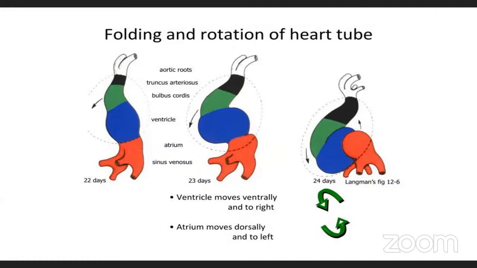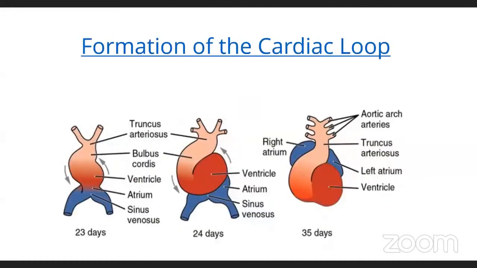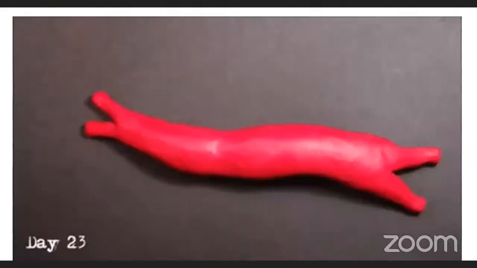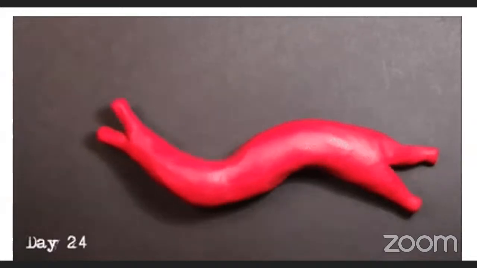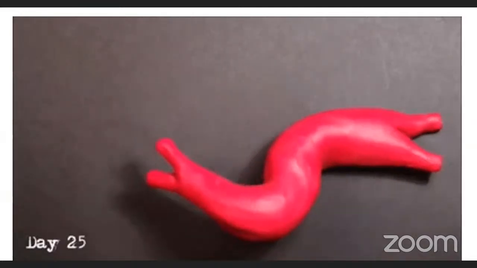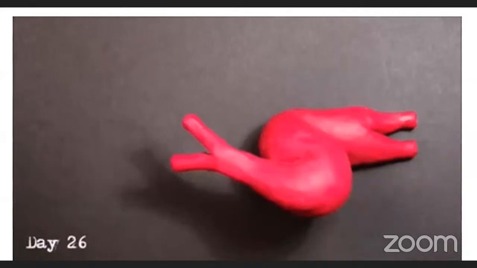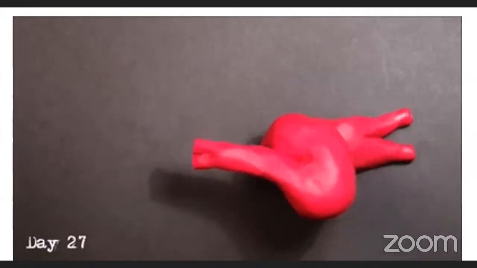And then the primitive atria, as it moves backward and upward, will pop up over the bulbus cordis and primitive ventricle, like in this picture. Now, this cardiac looping occurs inside the pericardial cavity. You can get more understanding of the looping of the heart from this 3D animation.